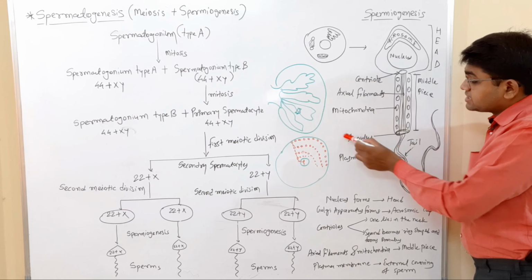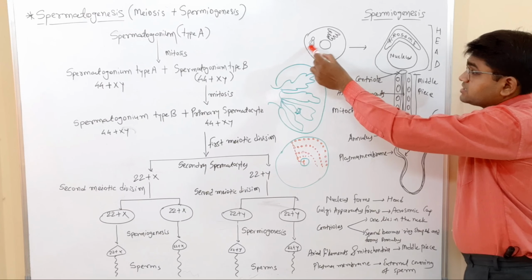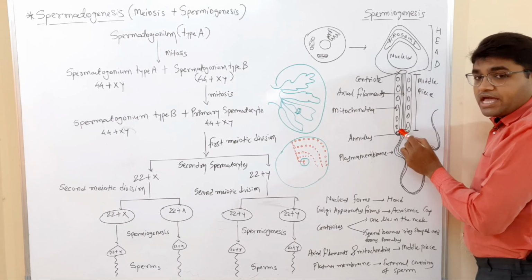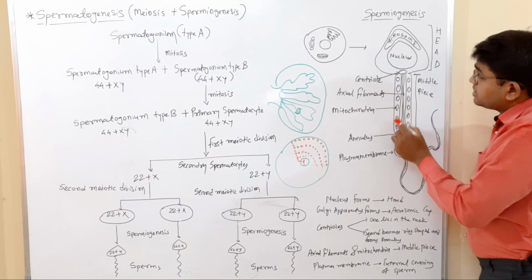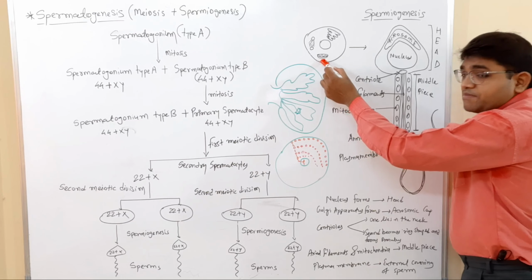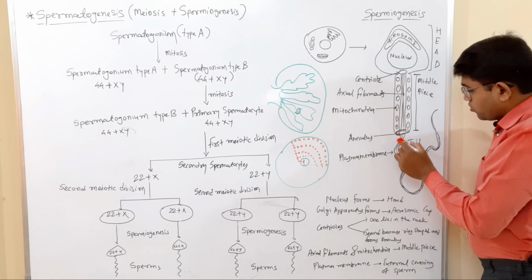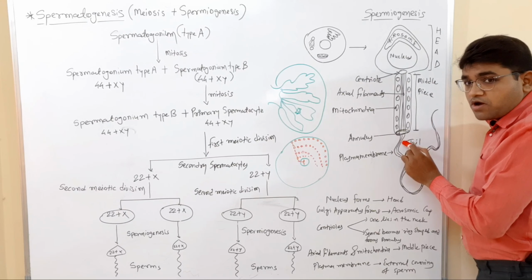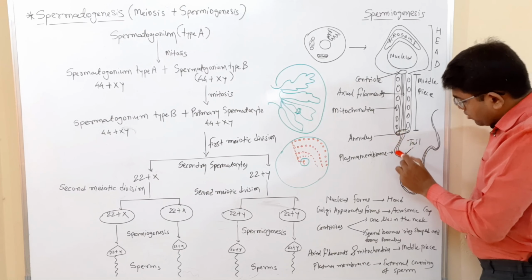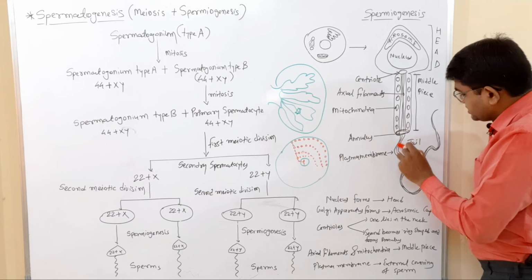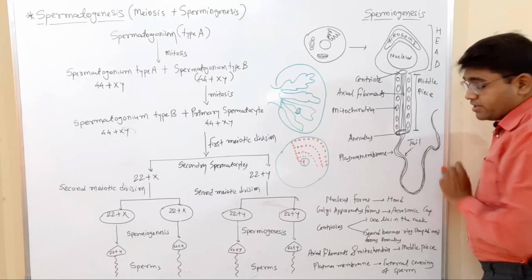The annulus represents the second centriole, which elongates and forms the rounded annulus. The plasma membrane forms the outer covering of the sperm and elongates to form the tail. In the tail, the axial filaments are also elongated.